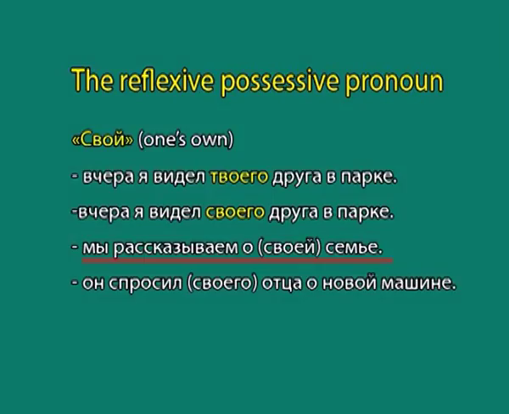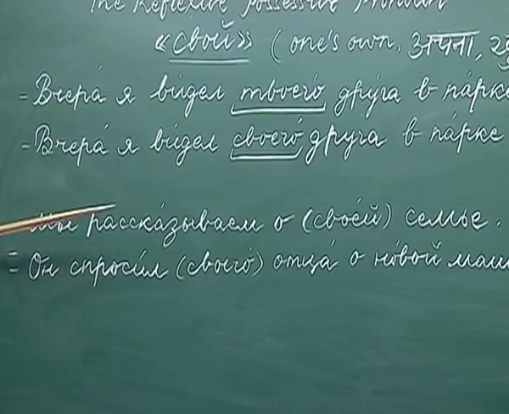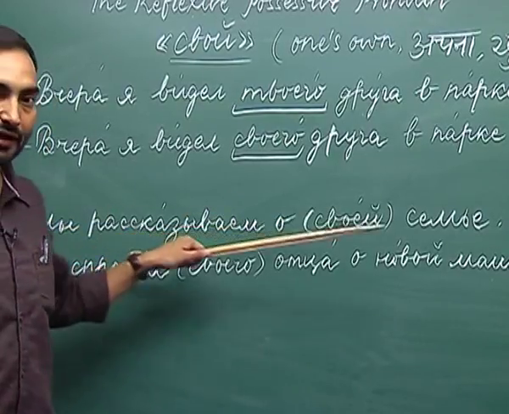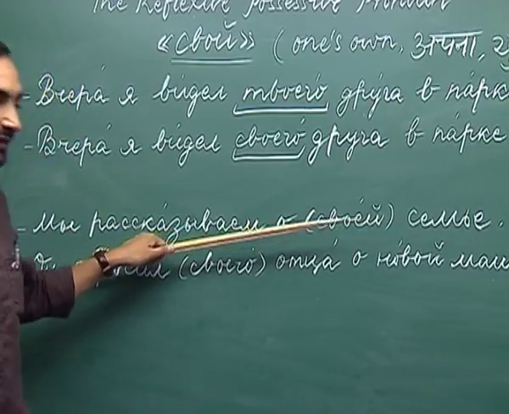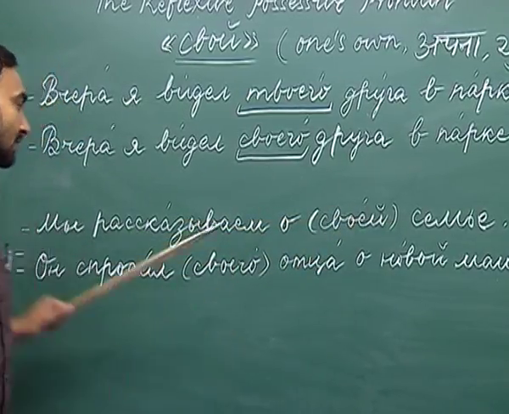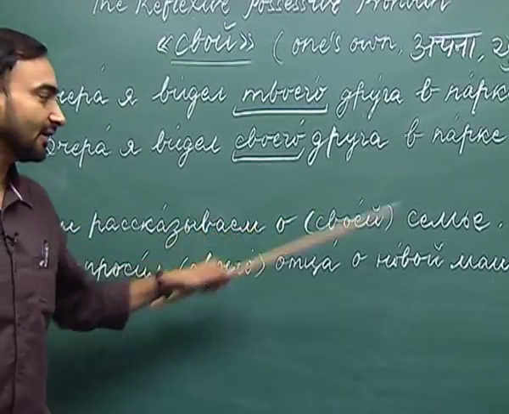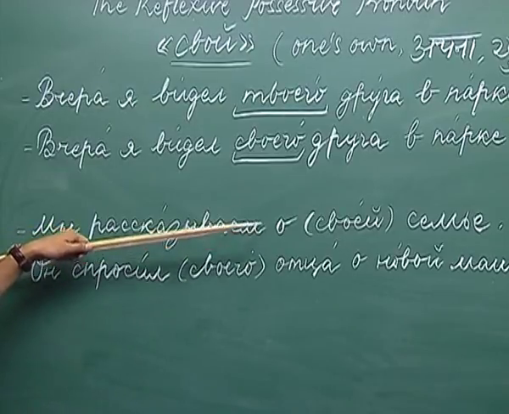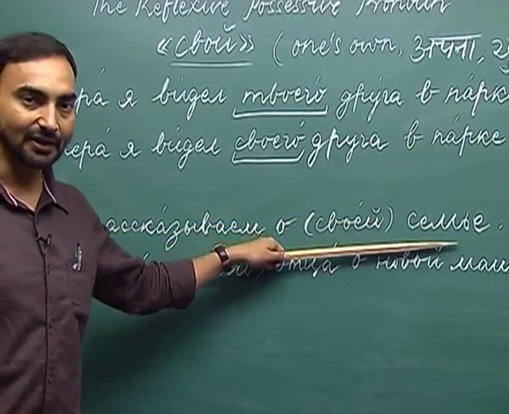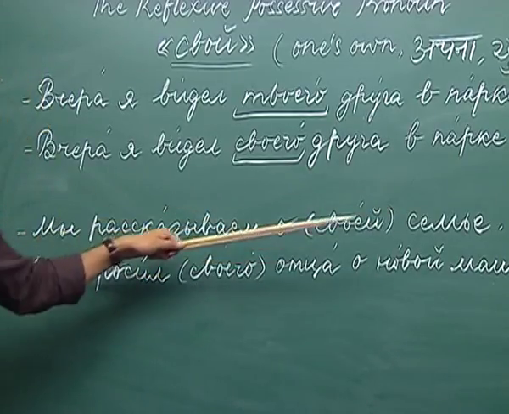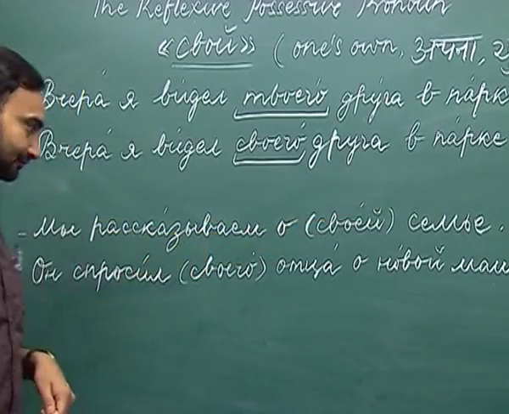Here there is only one subject or personal pronoun and there is no contradiction in the sentence. We can drop the reflexive possessive pronoun. Мы рассказываем о своей семье will mean we are narrating about family. So it can be we are narrating about our own family.